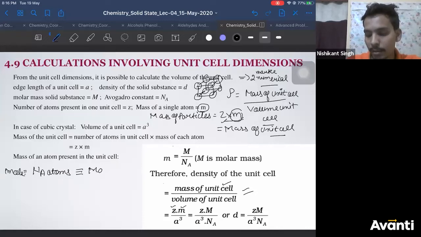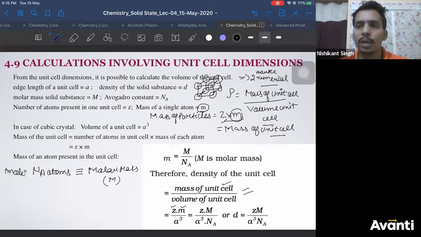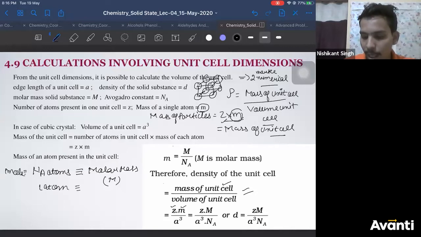Molar mass. Let's say molar mass is M. For example, sodium molar mass is 23. O2 is 32 gram. So molar mass is the mass of Na atoms. So mass of one atom will be how much? M by Na. And we have said mass of one atom is small m. So small m can be replaced by capital M by Na.